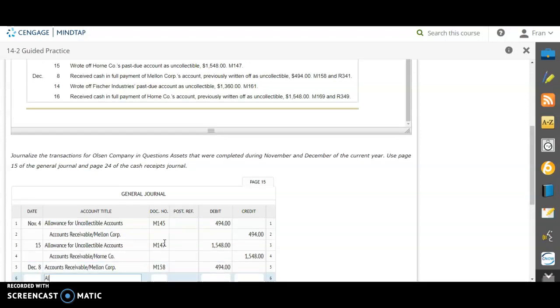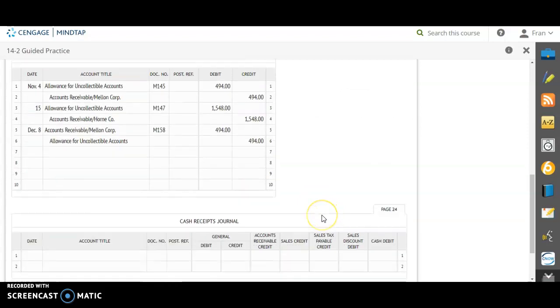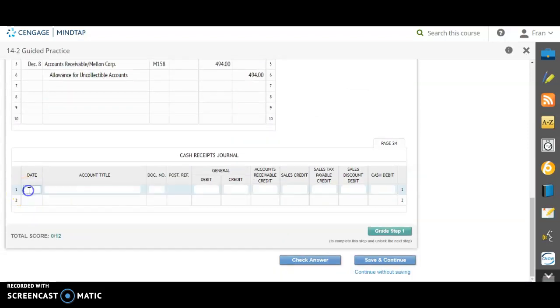And the other one was allowance for uncollectible accounts, $494. So we just reopened their account. We also have to receive their cash payment of $494. So that's the second thing we'll do in our cash payments journal. I said cash payments journal. I meant cash receipts journal.